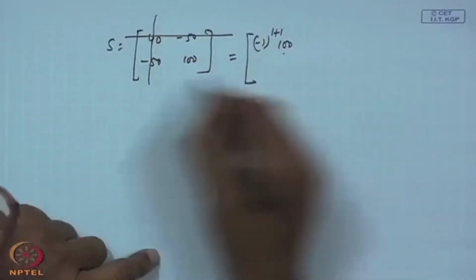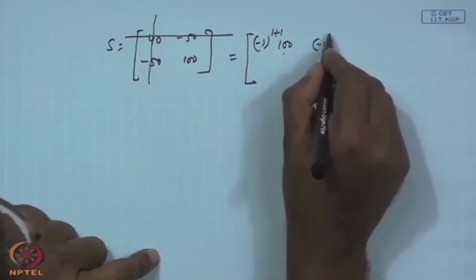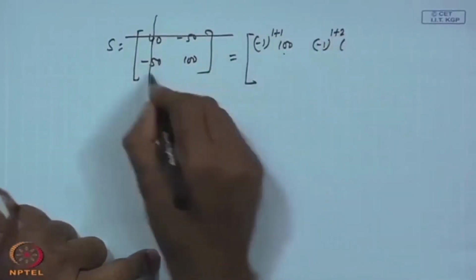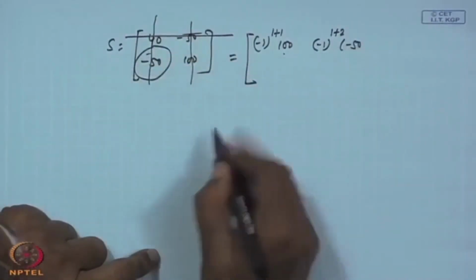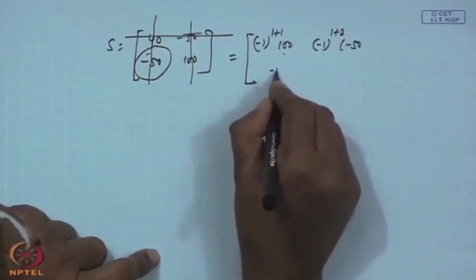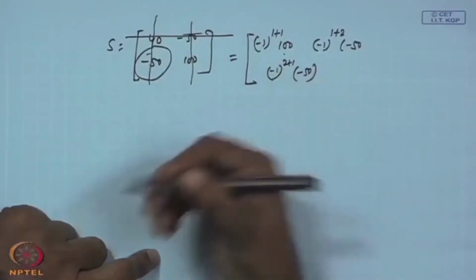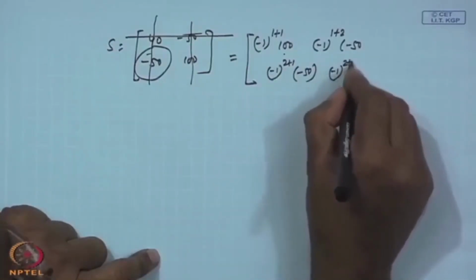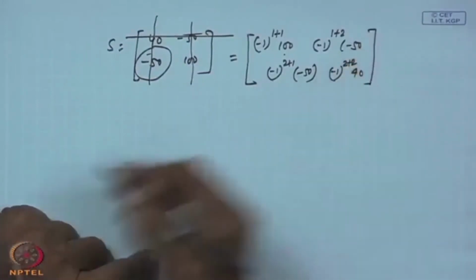In the same manner, for row 1 column 2, minus 1 to the power 1 plus 2, the remaining portion is 50, and for row 2 column 2, minus 1 to the power 2 plus 2, the remaining portion is 40.